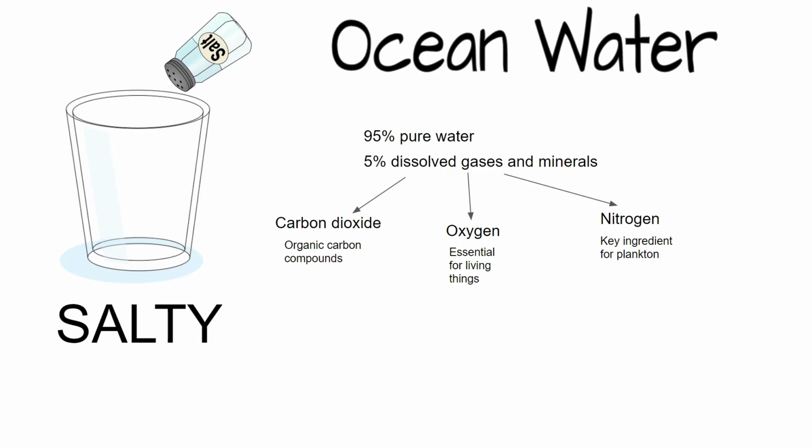Over 99% of the ocean's salt content is made up of only 6 chemicals. Aside from the elements hydrogen and oxygen in water, the two most common substances found in the ocean are compounds of chlorine and sodium.